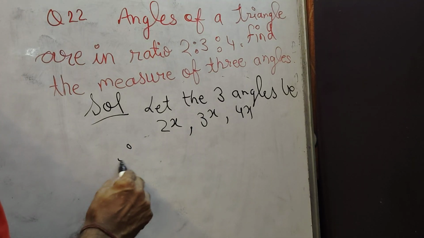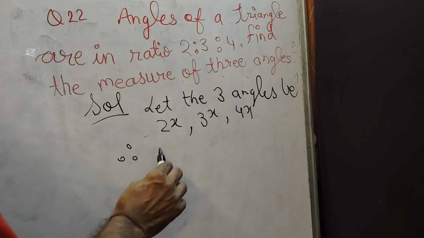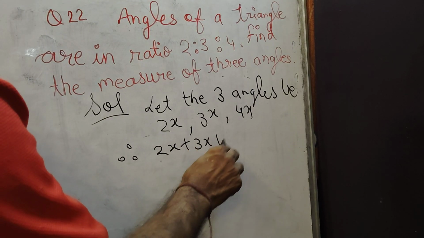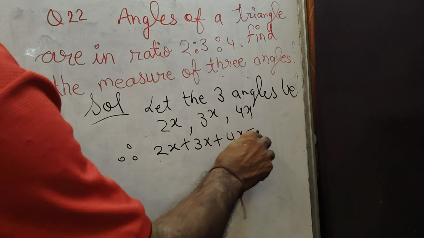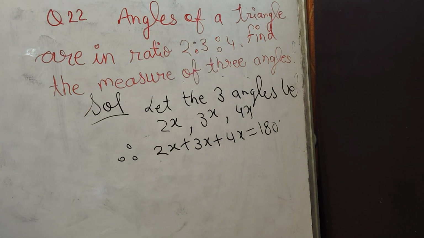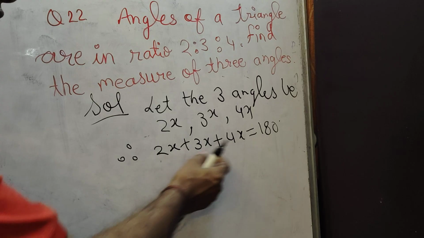We know that the sum of the angles of a triangle is 180 degree. Do you know? Sum of three, 180. Yes, 180. So we put here 180 degree. It is not necessarily given in the problem because we know it. 180 degree is the sum of the angles of a triangle. So 3x plus 2x plus 4x is 180.